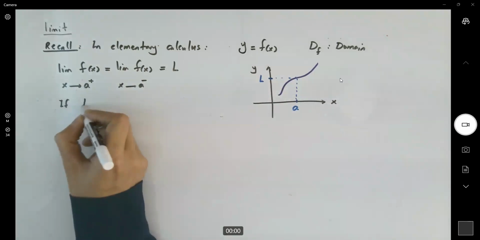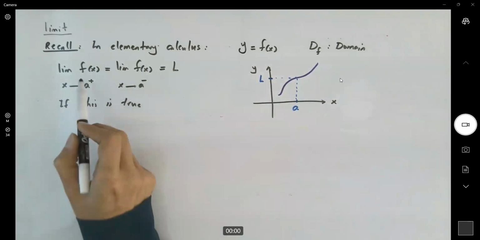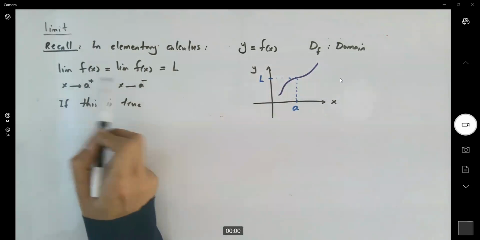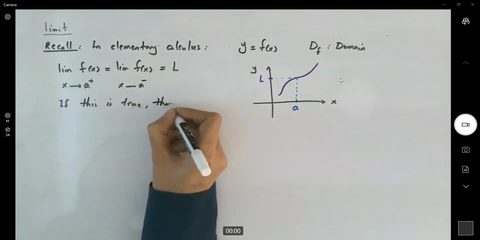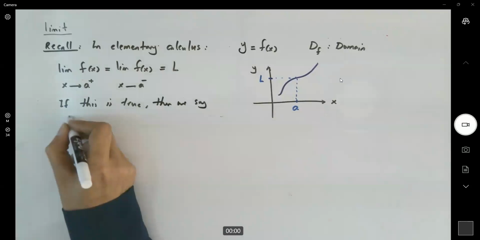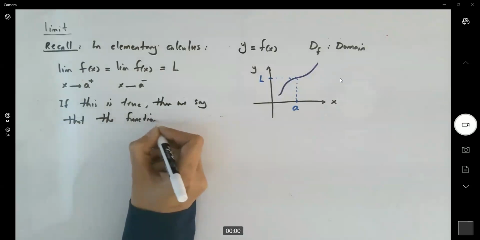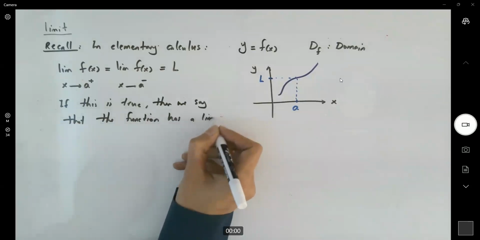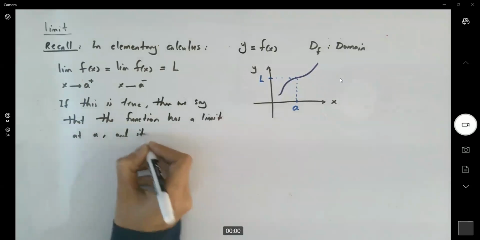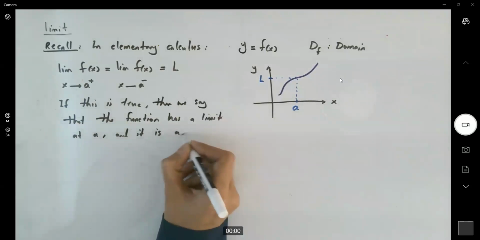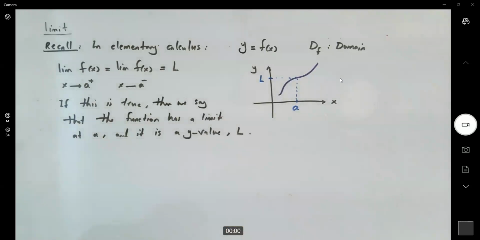If this is true, it means that the y values are equal to each other and both of them are equal to L. Then we say that the function has a limit at a, and it is a y value that we call L, for example.